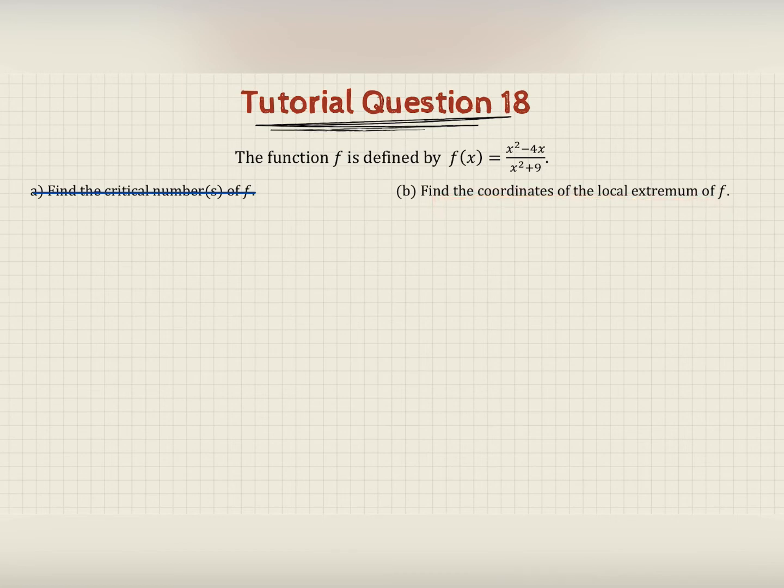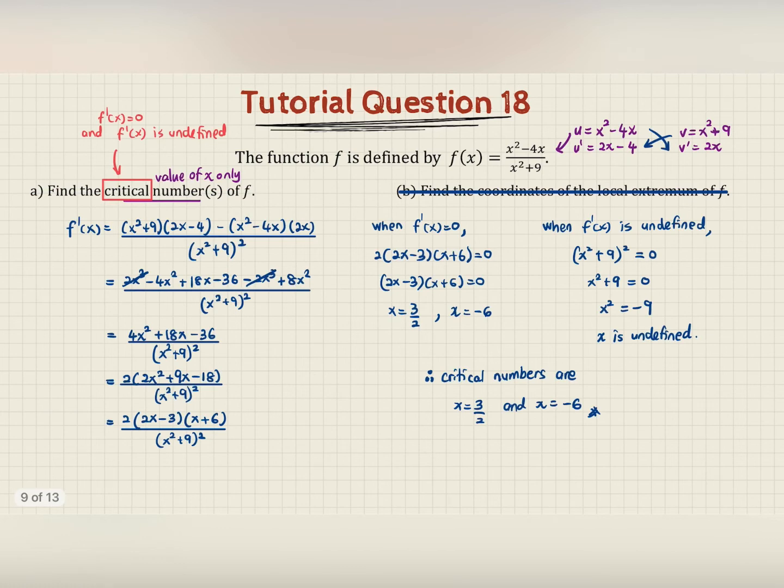Okay, so kat sini dia mention coordinates. Coordinates maksudnya kita kena bagi jawapan in terms of x and y. Local extremum, so kita kena state whether it is a maximum or minimum. Okay, so kat sini sebab saya kata saya nak tunjukkan guna second derivative test kan. Okay, so from part A, kita punya first derivative.